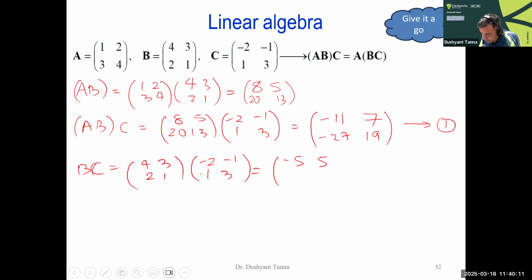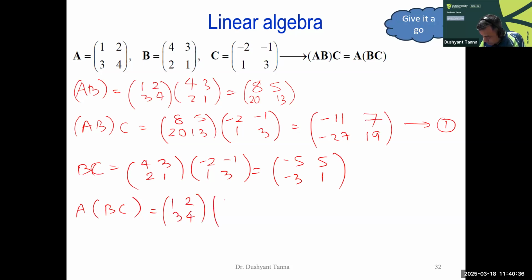Yeah, minus 8 plus 3, that's minus 5, minus 4 plus 9, that's plus 5. 2 with minus 2 and 1 with 1, minus 3, 2 with minus 1 and 1 with 3, that is plus 1. Okay, now A with BC. A is 1, 2, 3, 4 multiplied by BC.